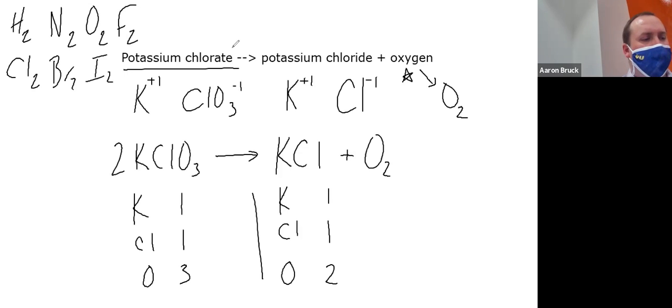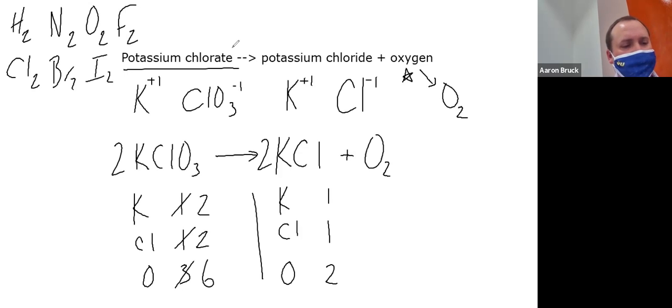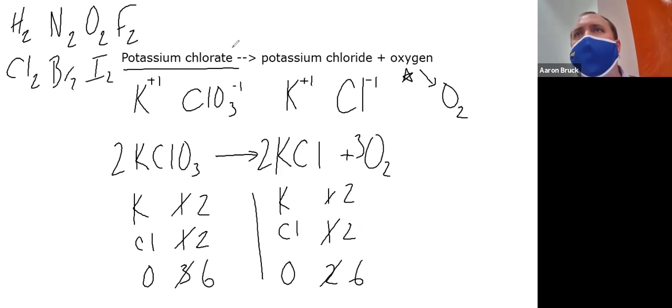So I'm going to double the potassium chlorate. I'm going to double the KCl. That gives me 2 potassiums, 2 chlorines, 6 oxygens, 2 potassiums, 2 chlorines. Now to make 6 oxygens, I would need 3 oxygen molecules to get it to balance all the way.